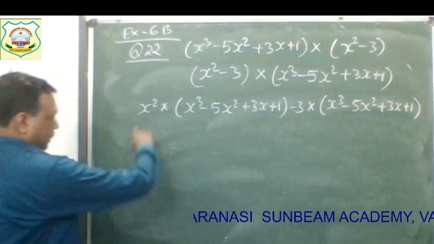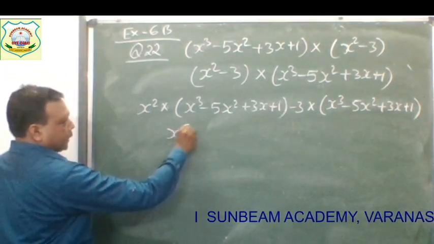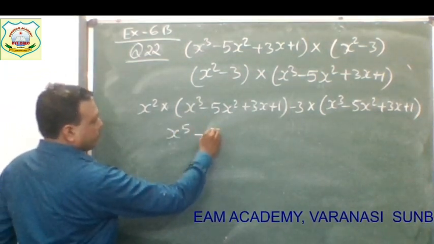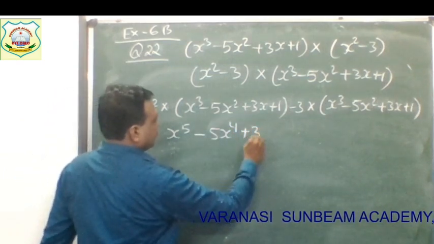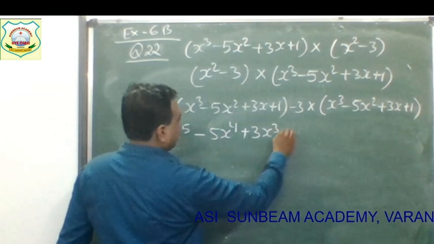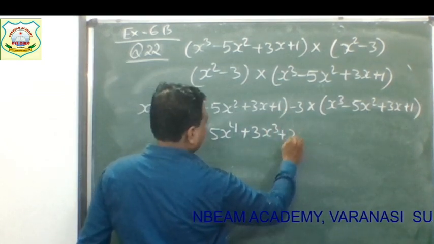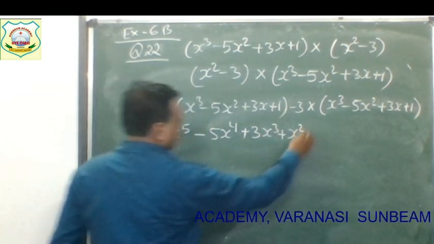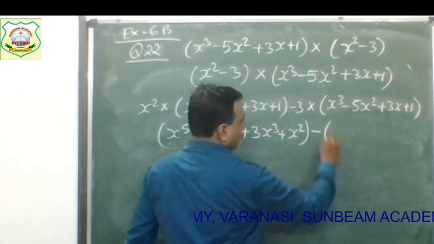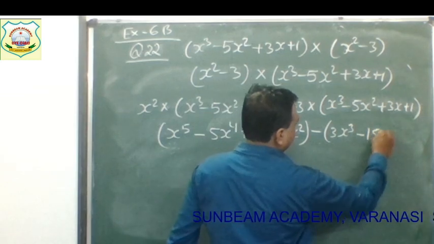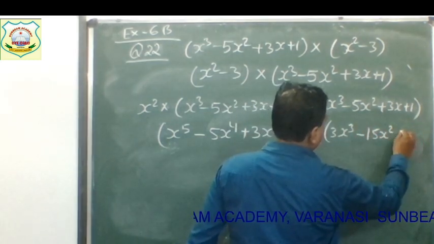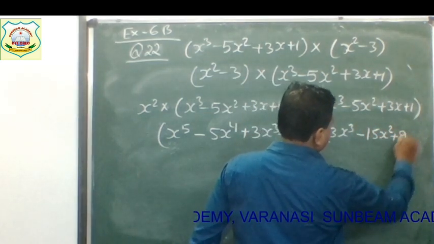Clear? x power 5, now write in hurry, minus 5x power 4 plus 3x cube plus 1x square, that is x square. Okay? 3x cube minus 15x square, 9x, plus 3.